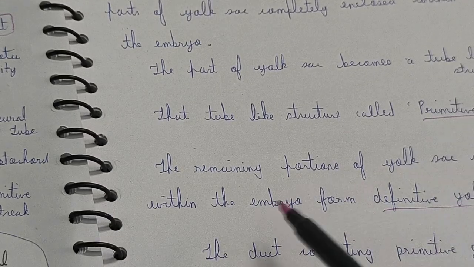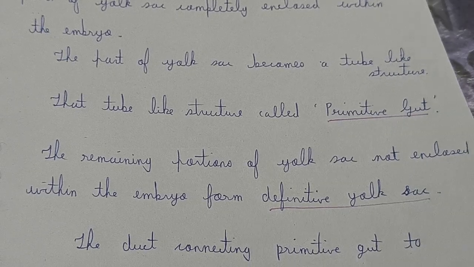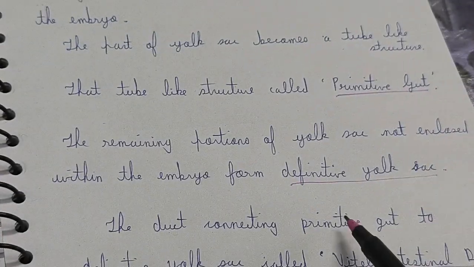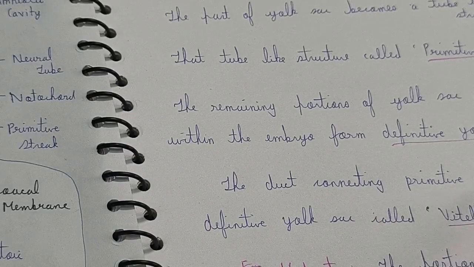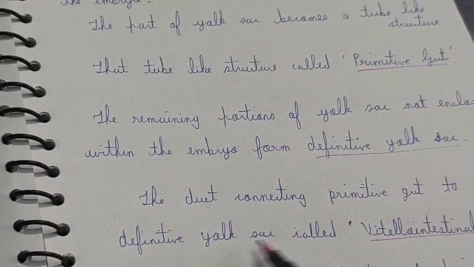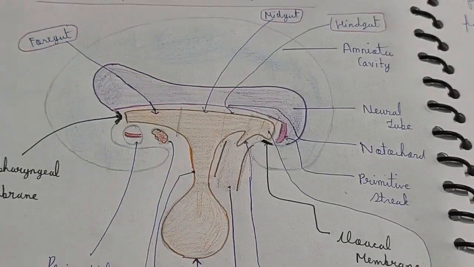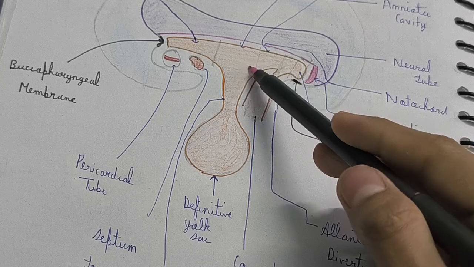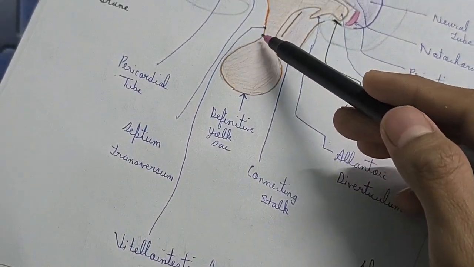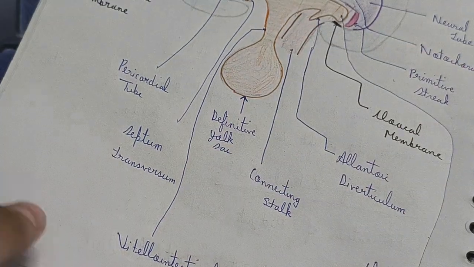Now, this is the primitive gut, and the remaining portion of the yolk sac not enclosed within the embryo is known as the definitive yolk sac. The duct connecting the primitive gut to the definitive yolk sac is known as the vitellointestinal tract. Here you can see the primitive gut, and this is the definitive yolk sac, and this duct connecting the definitive yolk sac to the primitive gut is the vitellointestinal tract.